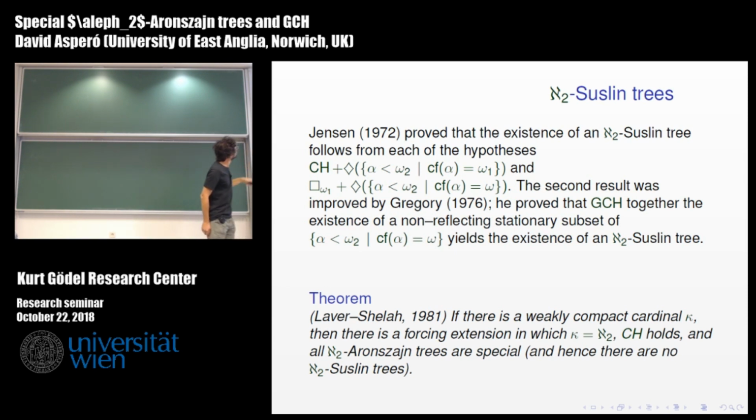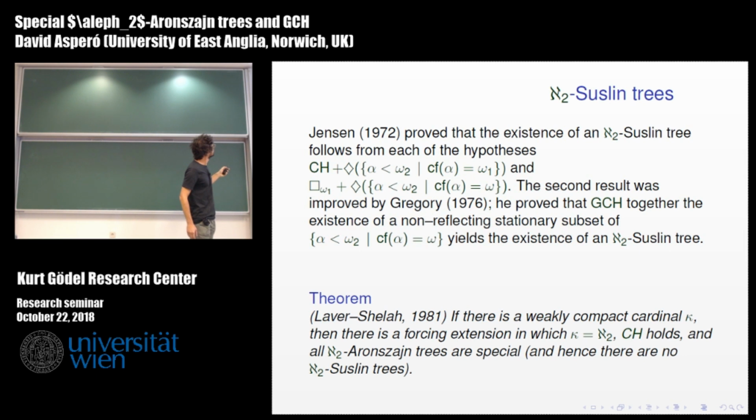And the second result was proved by Gregory when he proved that you have GCH together with a non-reflecting stationary set. This set here, that's something that follows from square. That then you also have an Aleph-2 Suslin tree. So in any case, you have Suslin trees in many situations.